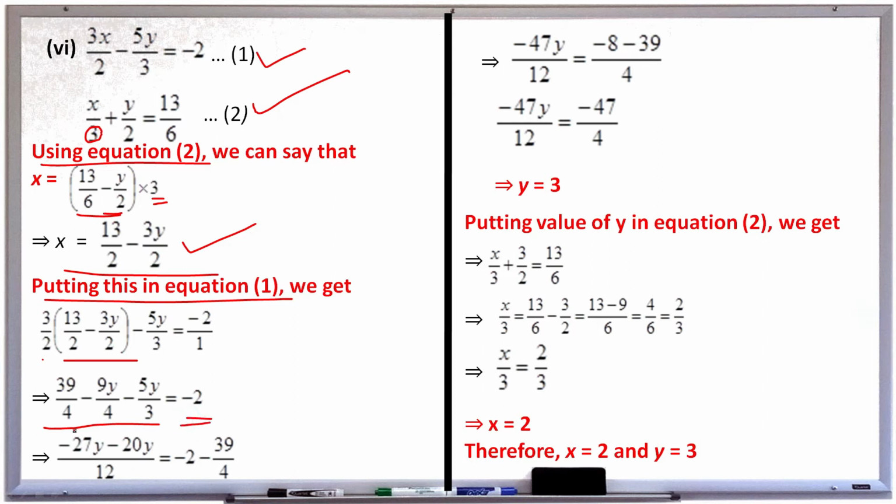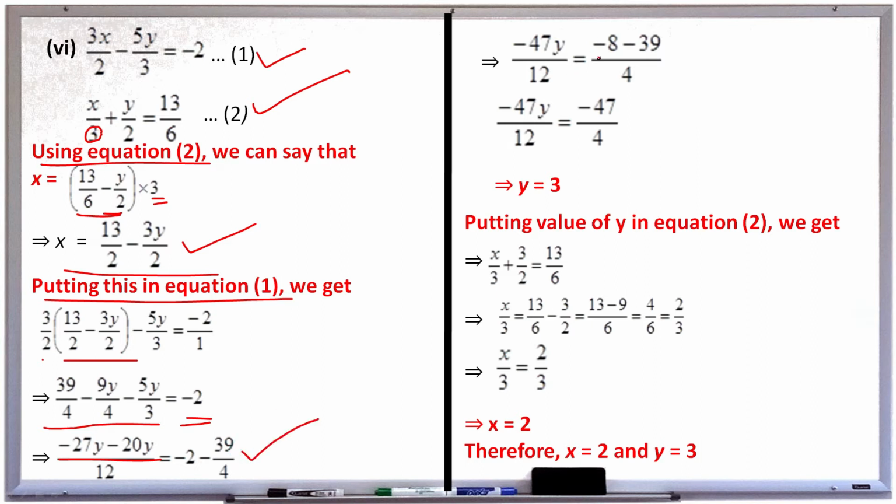Again, taking the LCM for this 3 term, 12 is LCM. So you will get minus 27y minus 20y is equal to minus 2. Bring that minus 39 to the right hand side.